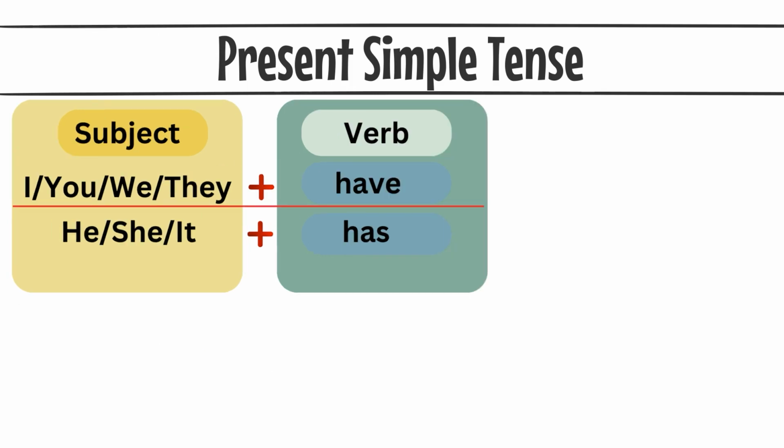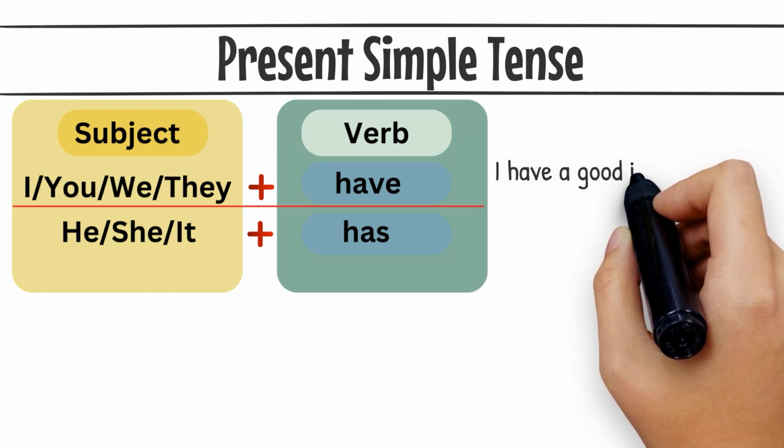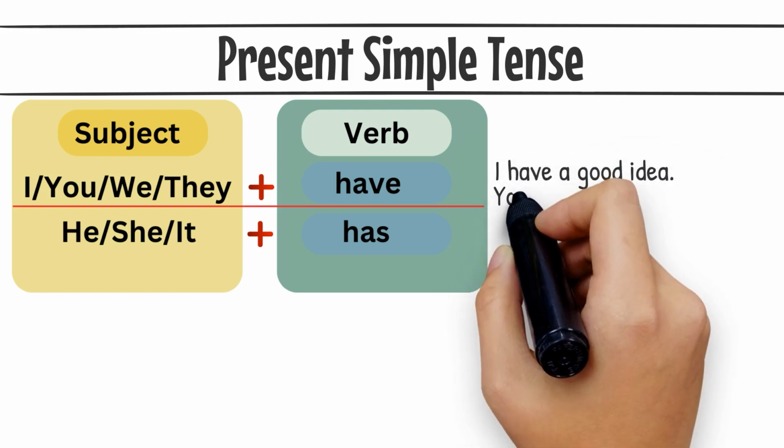Look at this verb. We say I have, you have, we have, they have, but for he, she, it we use has. We do not say haves. No, because the verb is irregular. Look at these examples. I have a good idea.